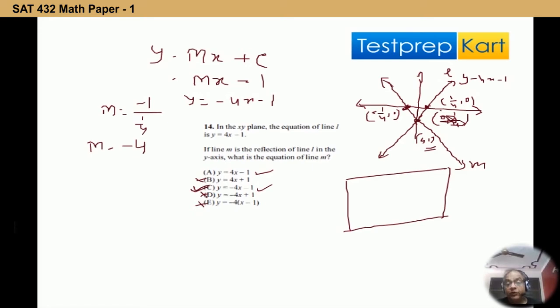The respective point is negative 1 by 4, 0, and this point is unchanged, so 0, negative 1, and therefore c is negative 1. So you have to choose out of options a and c only. In the rest of the options b, d and e, the y-intercept is other than negative 1. After that you find m using y2 minus y1 upon x2 minus x1, that is, m is equal to negative 4, and therefore y equal to negative 4x minus 1, which is option C.